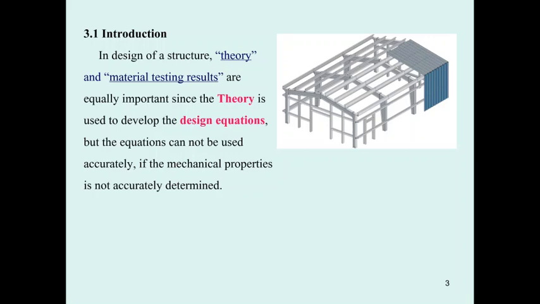Okay, and now we come to chapter 3. In chapter 3, we are talking about how we are going to set up the testing procedure, and we start by taking a look at this steel building.